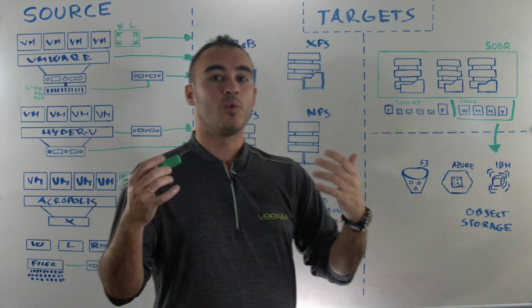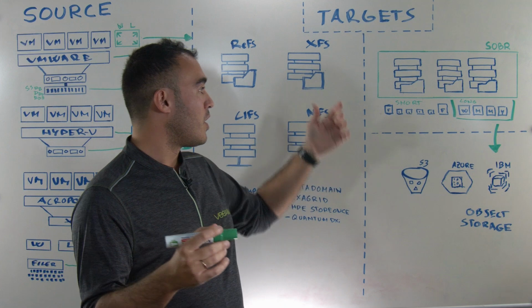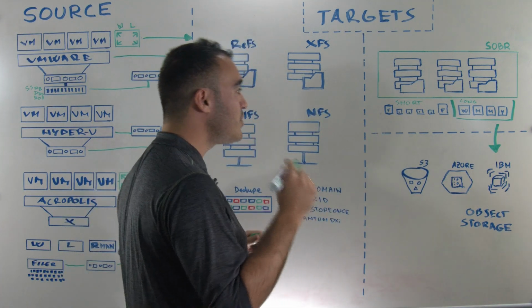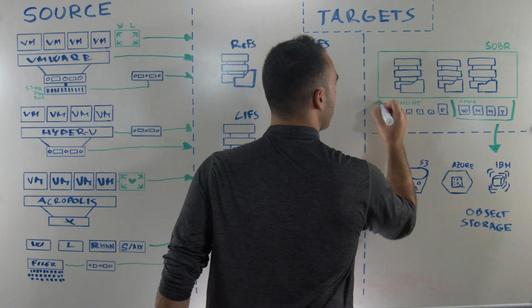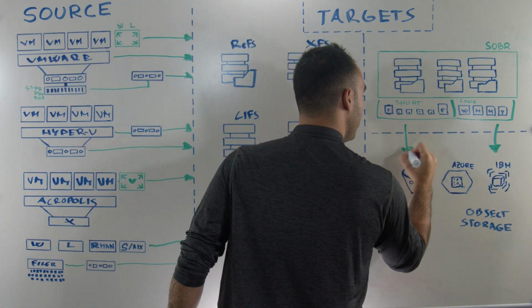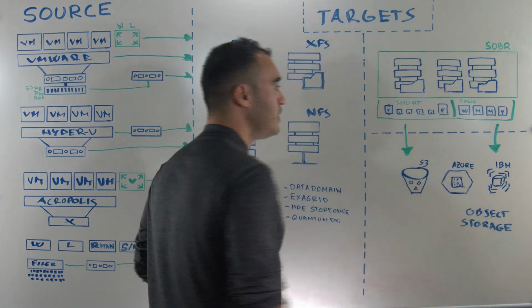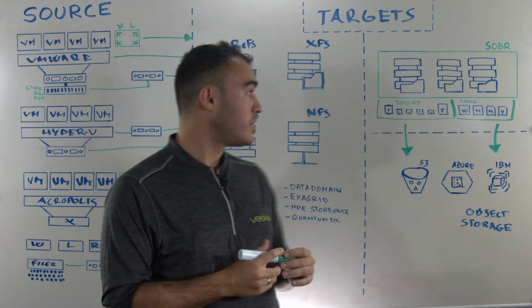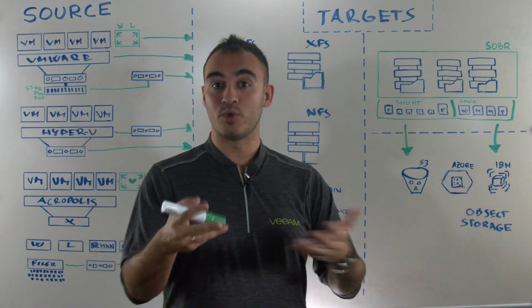In V10, we are stepping up our game with what we call copy, meaning that every single point in time can be copied, with an exact copy of that into the object storage. What's the benefit of this? Well, it's pretty obvious that at the end we have the 3-2-1 rule.